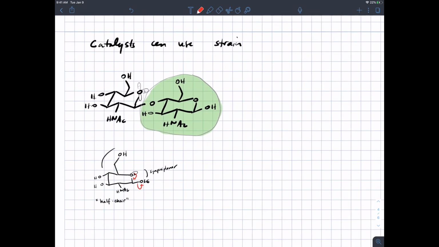And there are other enzymes that work in this way. There are enzymes called peptidyl proline isomerases. Do you remember, in the last exam, how we talked about cis versus trans amides involving proline?